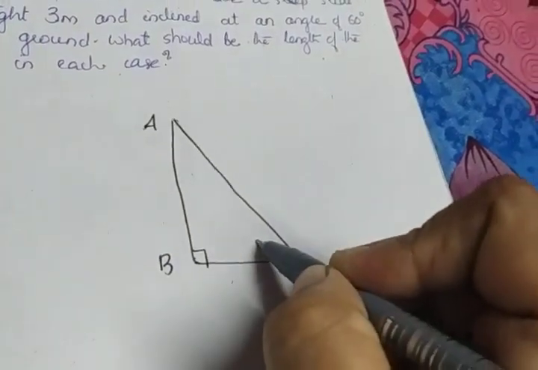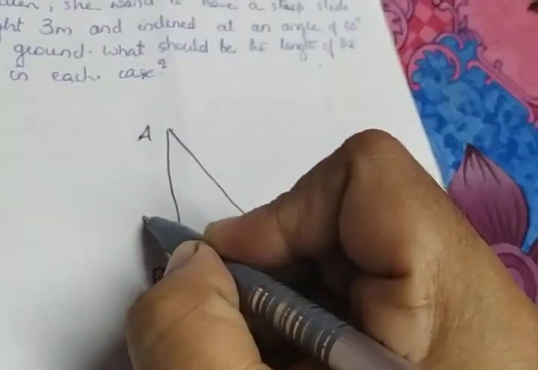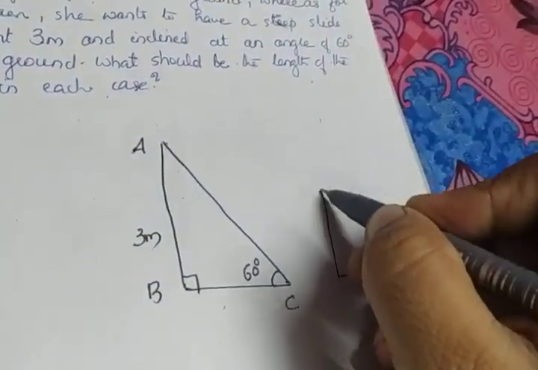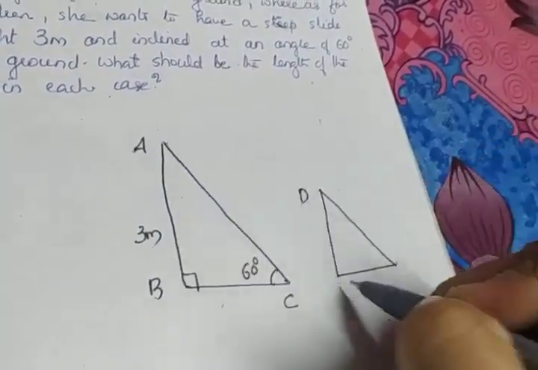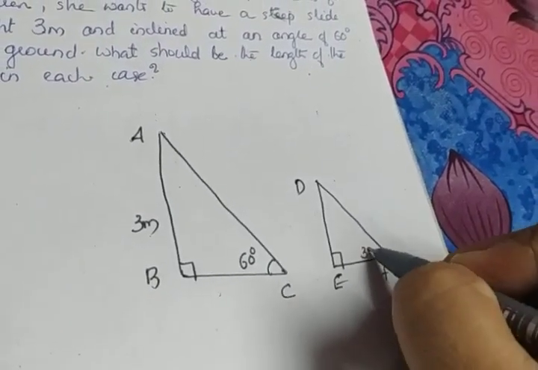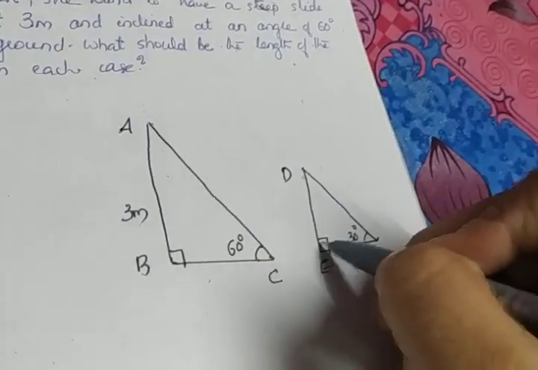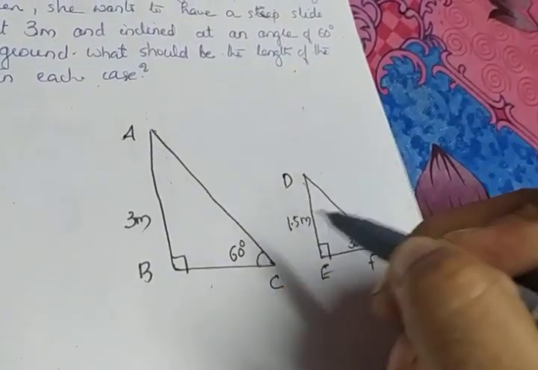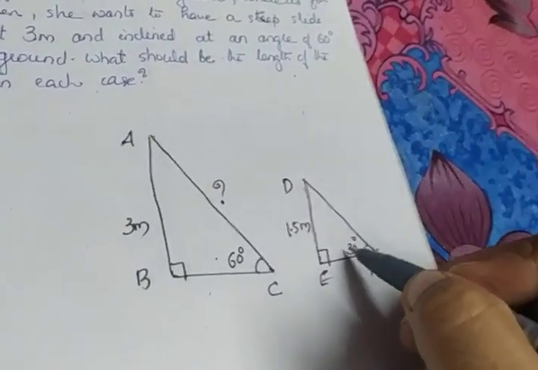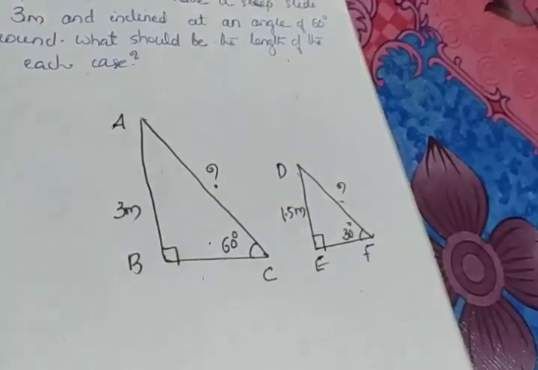This angle is given as 60 degree. The height is given as 3 meter. Okay. Let this be the smaller slide. Let it be D, E, F. This is again 90 degree. This angle of inclination is given as 30 degree and the height is given as 1.5 meter. In this case, we have to find the length of AC and in this case, we have to find the length of DF.